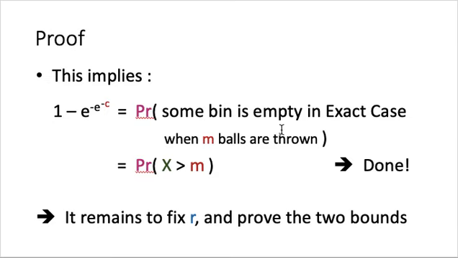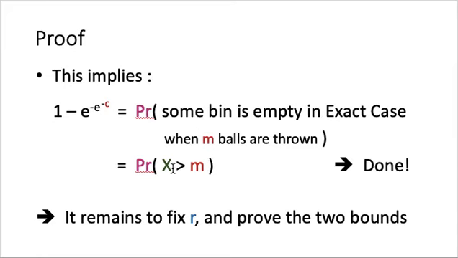But if I tell you that some bin is empty, it means that the total number of coupons that we need to draw must be greater than the total number of coupons that we have now just drawn. Okay? So when some bin is empty, the total number of coupons that we need to draw eventually to get a full collection must be greater than m. So this implies X greater than m.